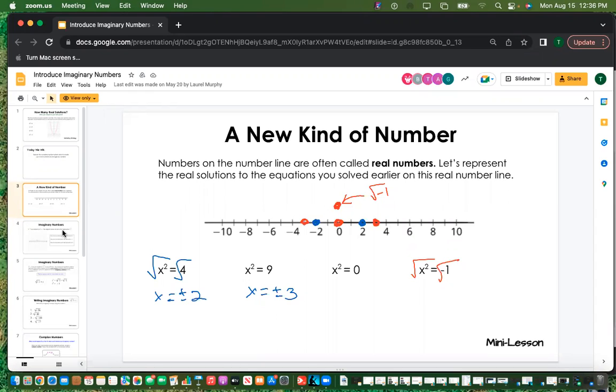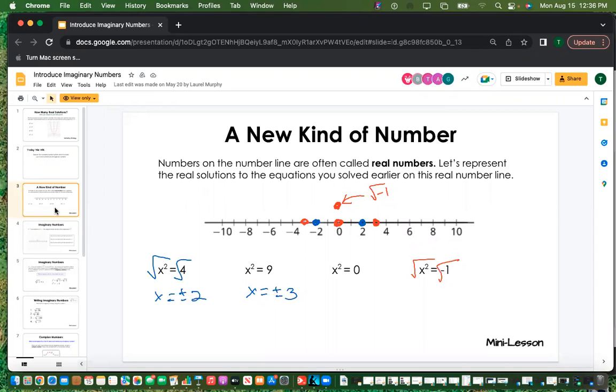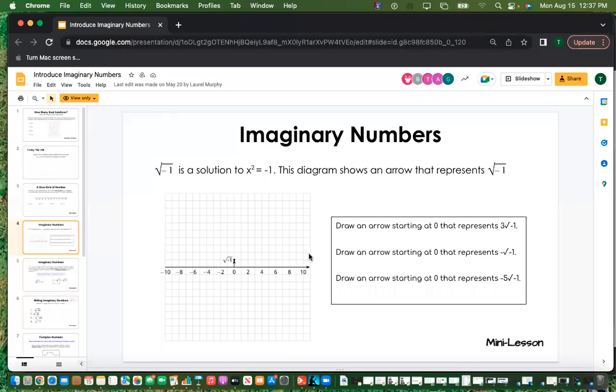All right, so looking at this next part, imaginary numbers. Sorry, I know I'm moving quick. The square root of -1 is the solution to x squared equals -1. The diagram shows an arrow that represents the square root of -1. So draw an arrow starting at 0 that represents 3 square root of -1.